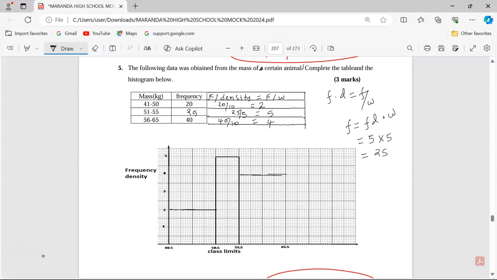This is the height. Now we draw the line down so that the bar is closed. So this is now the frequency density plotted against boundaries to give us what we are calling a histogram.